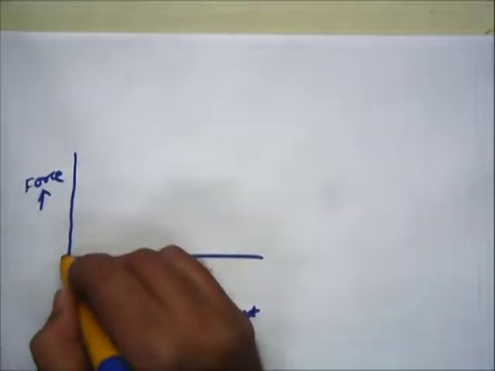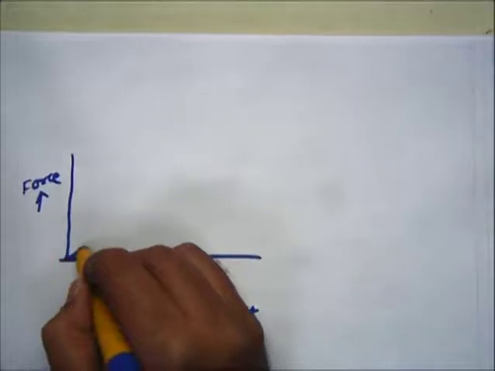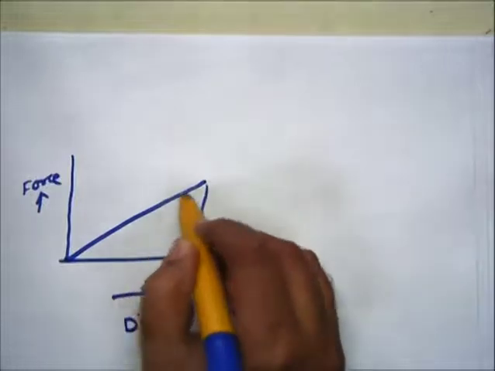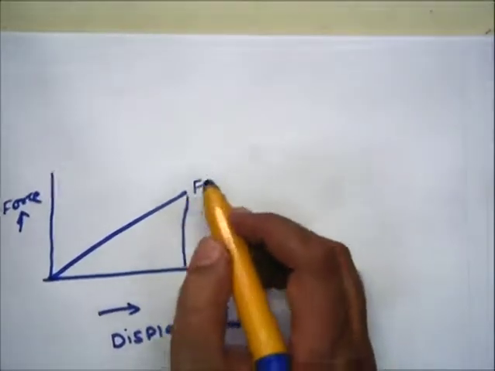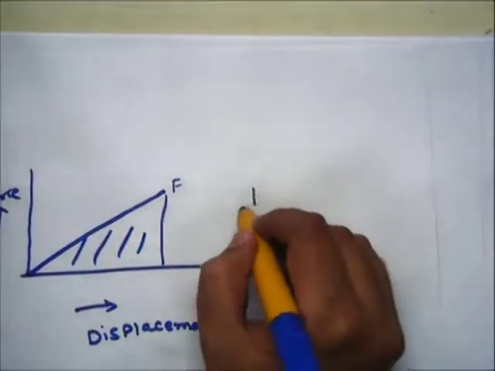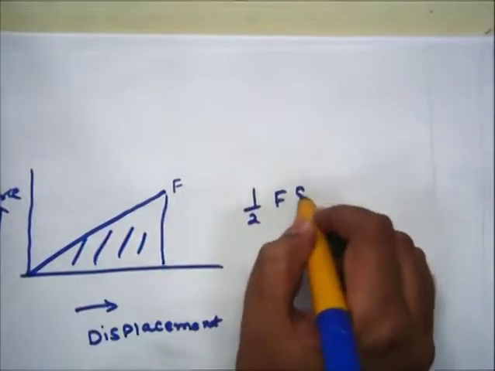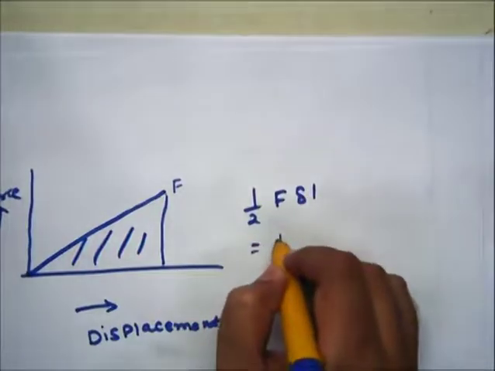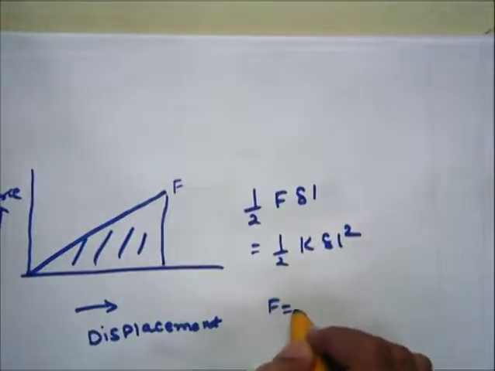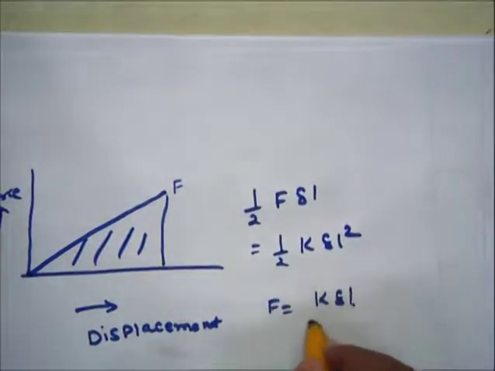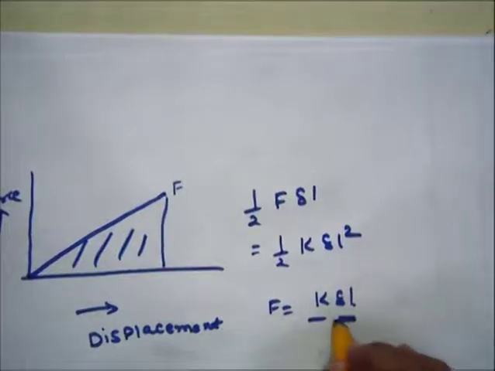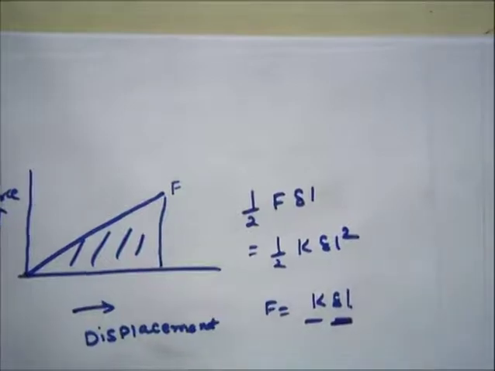Here initially force is 0, then we are applying the force and it is F. The work done is equal to area of this diagram, that is 1/2 F into delta L. So that is 1/2 K delta L square, because F is nothing but K delta L. K is the stiffness of spring and delta L is the displacement or stretch of the spring.